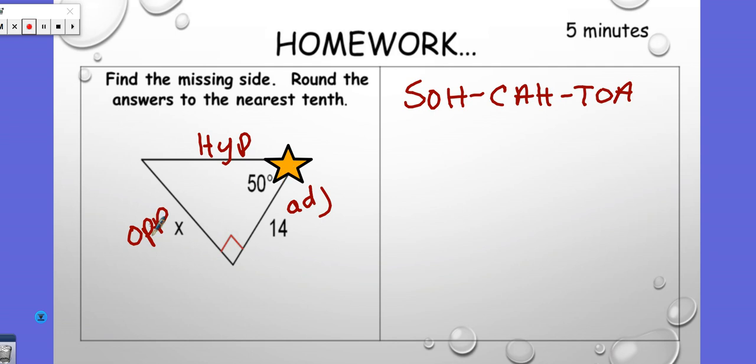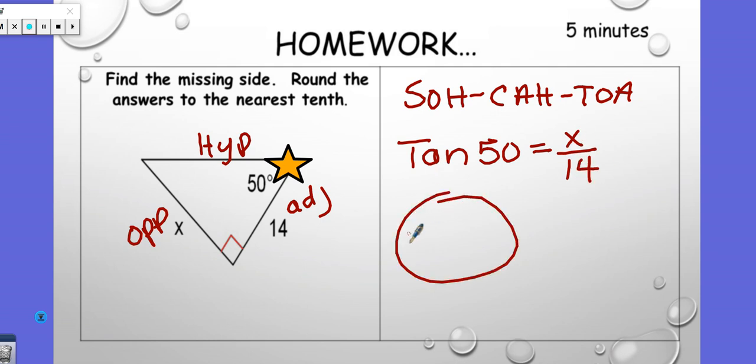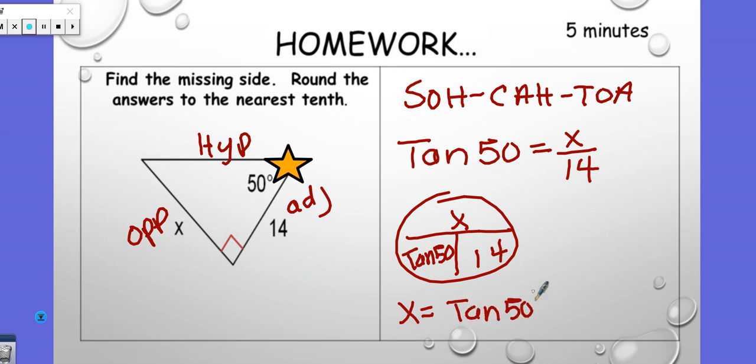So I have opposite and adjacent, so that means I'm going to use tan. Tan of 50 equals opposite over adjacent. So I'm going to draw my circle, and then I get tan of 50 goes here, x goes here, and 14 goes here. I need to find x, so x is tan 50 times 14.